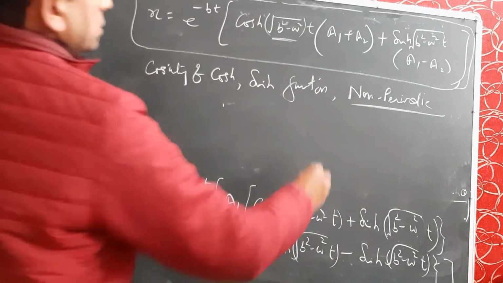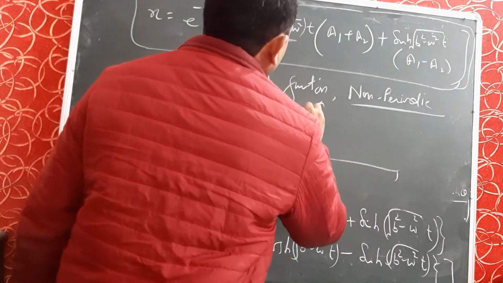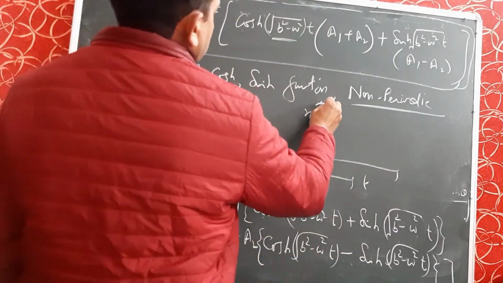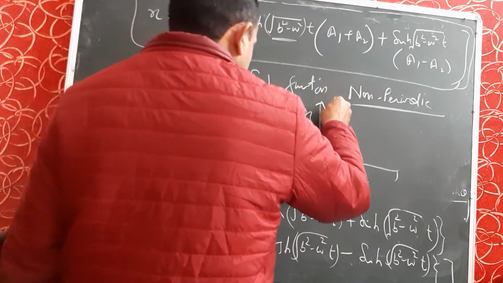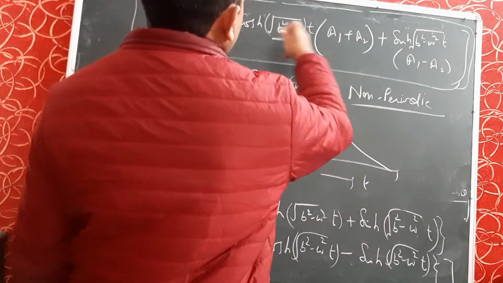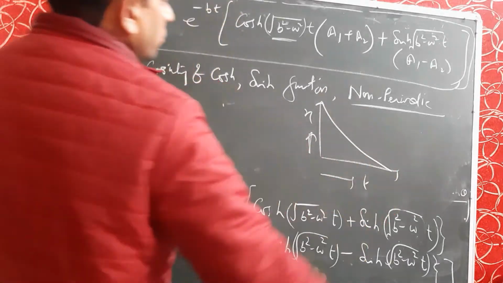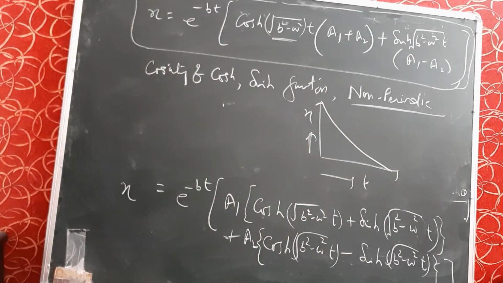So if we plot the graph between x and t, we will get the answer like this. This function is decreasing and it is non-periodic or non-harmonic, just a simple decreasing function.